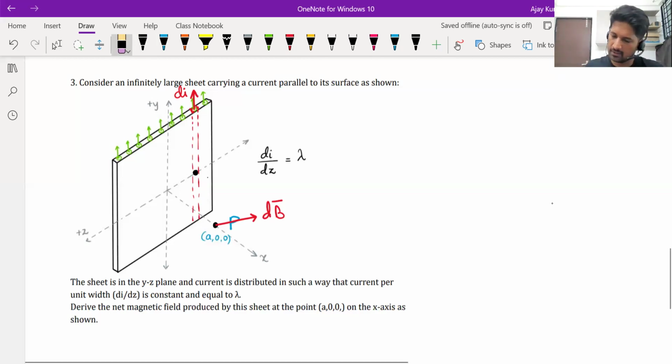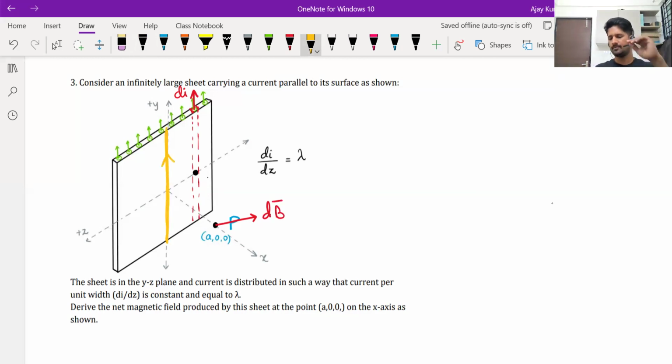Similarly, you'll have to consider other elements as well. There'll be one stream of current along the y-axis, exactly along the y-axis. Yash, can you tell me the direction of magnetic field produced by this current at the point P? Sir, is it passing through origin? The current is passing through origin, yes.